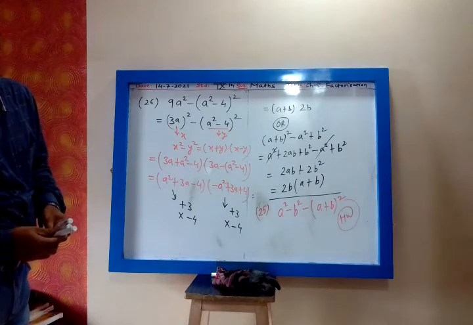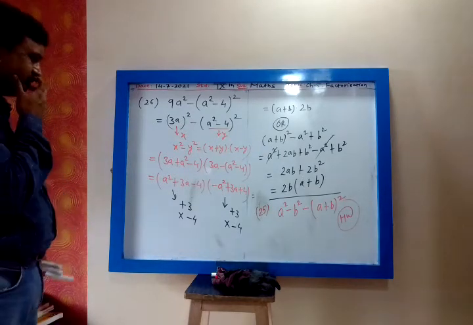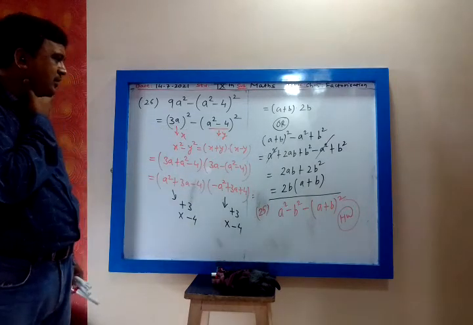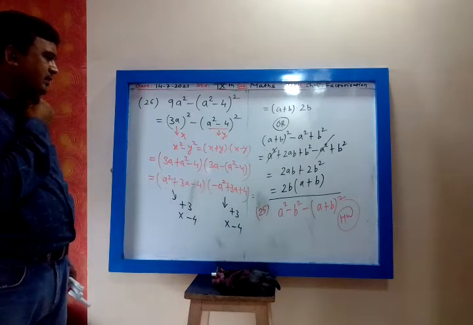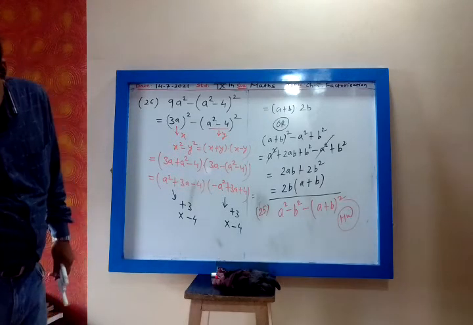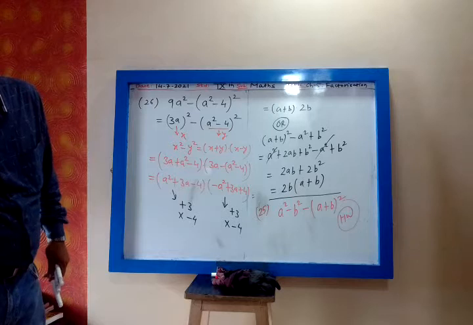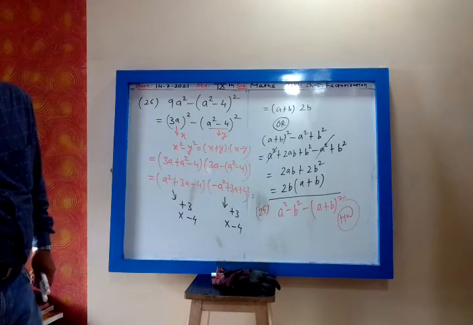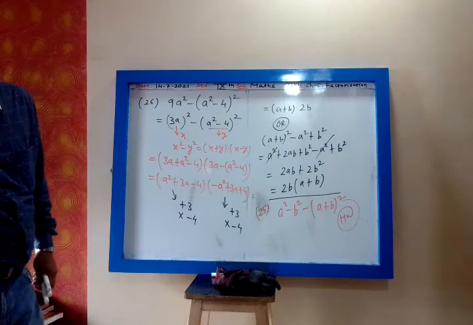Correct? Let's see whether 3a minus a square minus 4: a square plus 3a minus 4, and minus a square plus 3a plus 4, that is a square minus 3a minus 4.